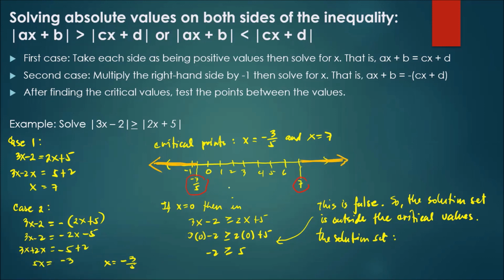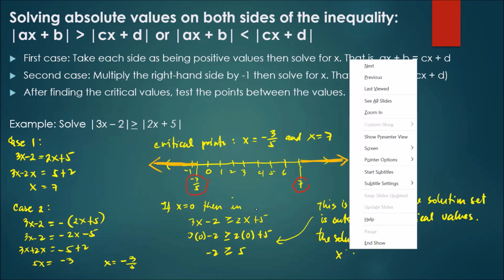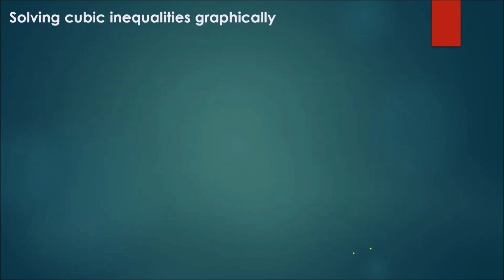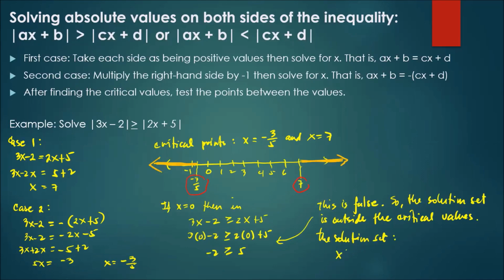So are we going to write that? Then that would be x is less than or equal to -3/5 and x is greater than or equal to 7.